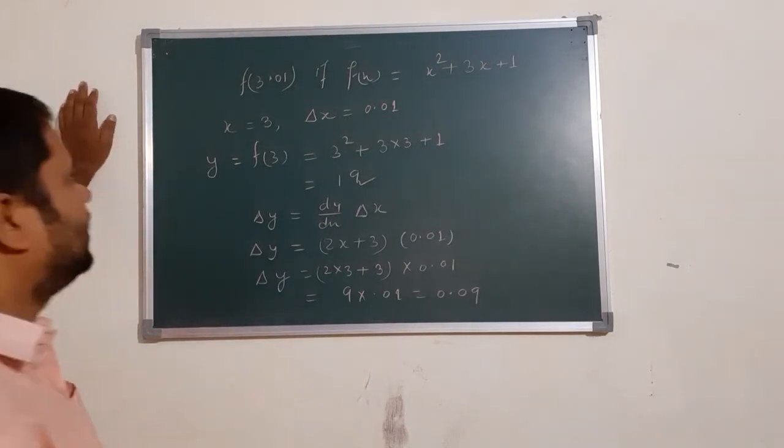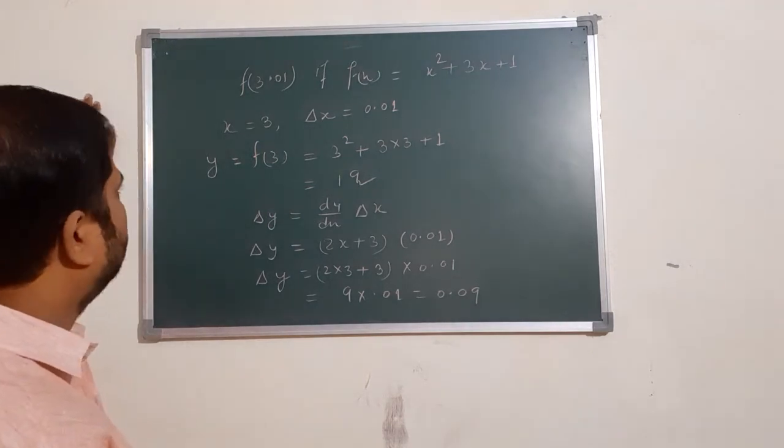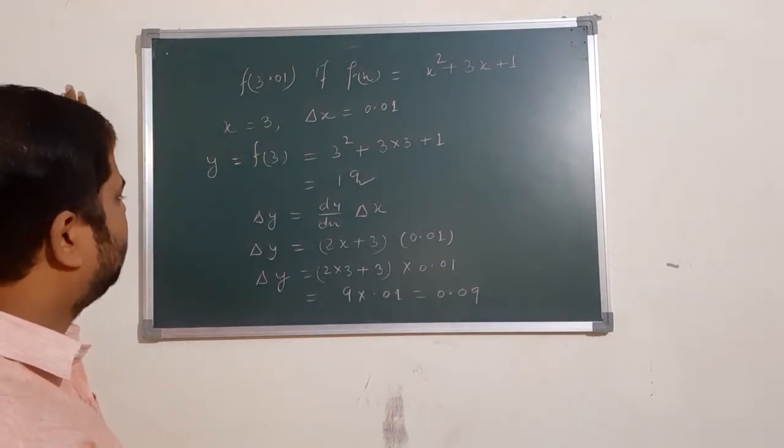Now our whole function is f(x plus delta x) minus f(x) equals delta y.